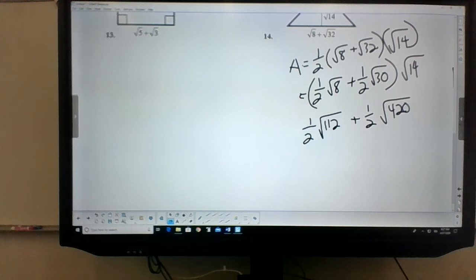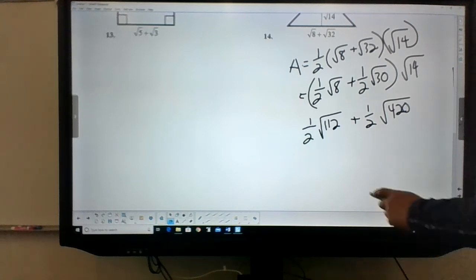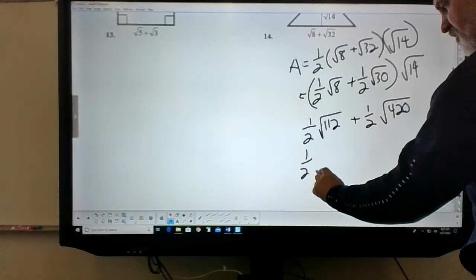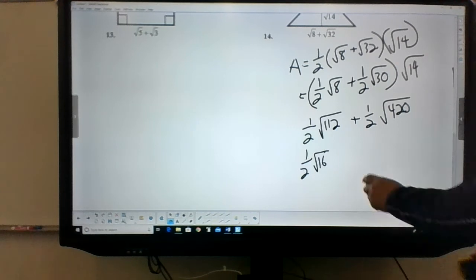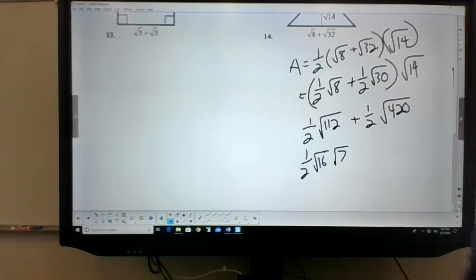So that means that there's another 4. So I think I can get 16 out of here. So 1/2 radical 16. What's 112 divided by 16? It's 7, radical 7. So I'm going to break 112 into radical 16, radical 7.